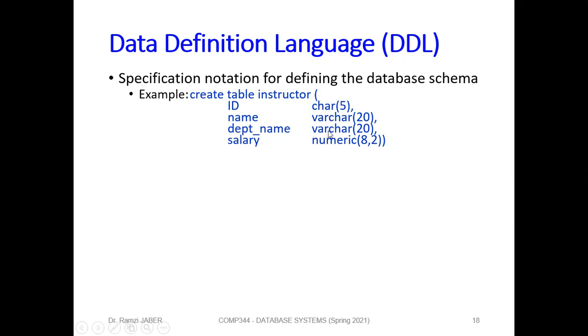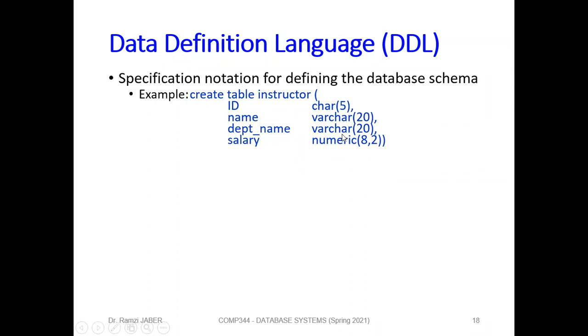Also, comma, department name, varchar 20, comma, salary, numeric. Numeric means a float number, okay? Not integer. It has 8 digits, comma 2, meaning 2 decimals after the comma. So 8 means we have 8 minus 2, 6, so the integer part will be 6, then comma, 2, okay?